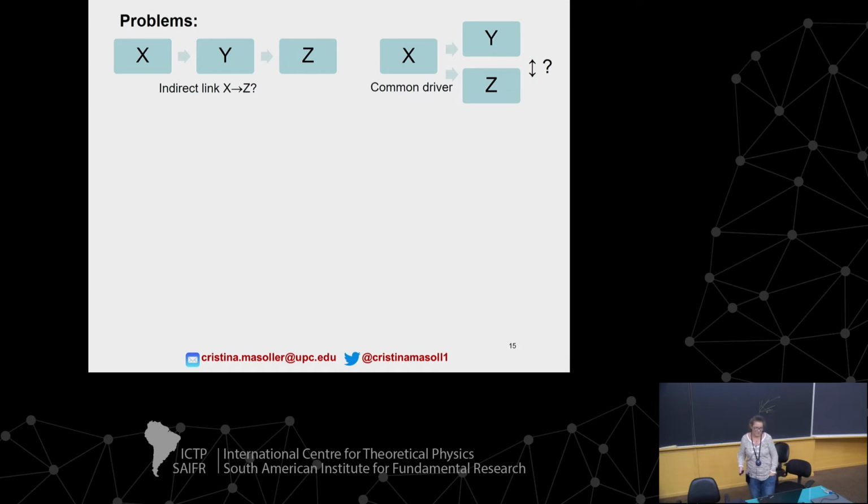So yes, these methods might not give you if there is a link between X and Y and zeta. You might detect causality and it might be indirect. It's not a direct link. Or it might be a causality between X and zeta, but it might be because there's a common driver. For instance, the sun. The sun drives the temperature all over the world.